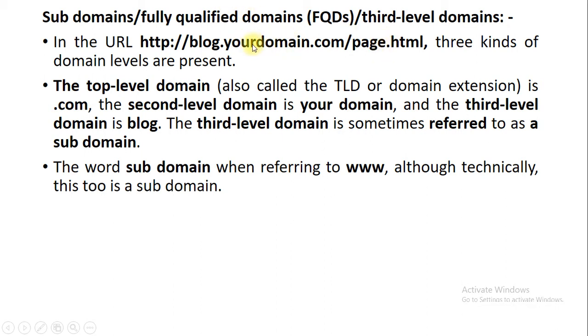So yourdomain is the name of our domain and blog is the name of the subdomain, right? And I know that from the blog subdomain I can easily catch the traffic from the internet, right? So for such a purpose I have created blog, which is the example of a subdomain.